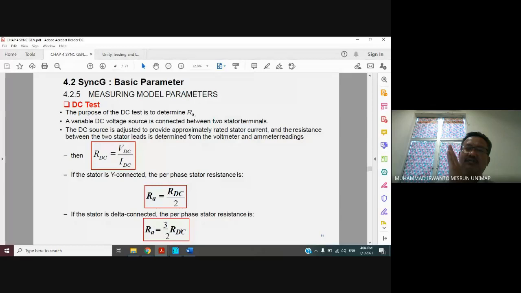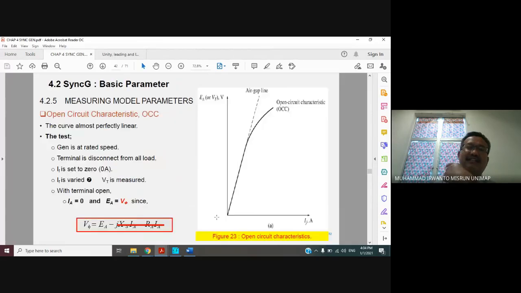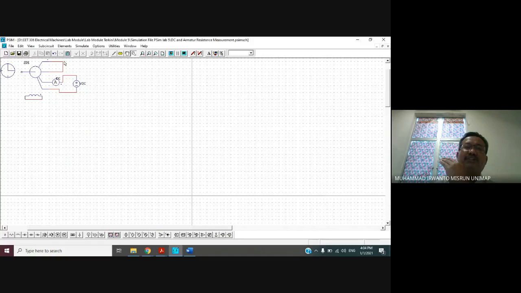If the connection of the synchronous generator is delta, then the armature resistance is 3 over 2 multiplied by RDC. That is for the DC test. The second test is the open circuit test.